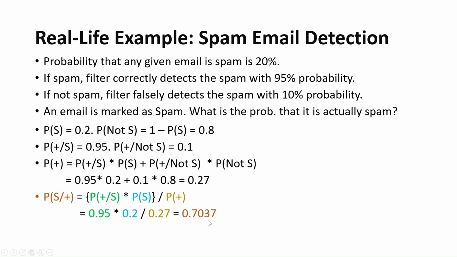And when we plug in these numbers, we get the answer. The problem we were trying to solve was: given that the filter has declared a mail as spam, what is the true probability of this mail being actual spam? Once we have obtained the result of this filter, we have changed our belief from 20% to almost 70%. And this is how we update our probabilities and belief once a new set of data becomes available to us.